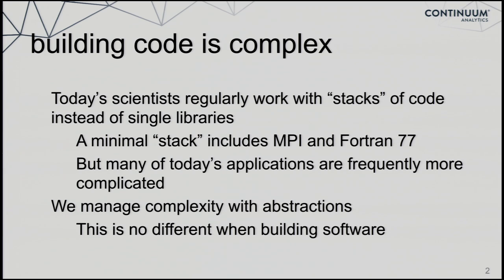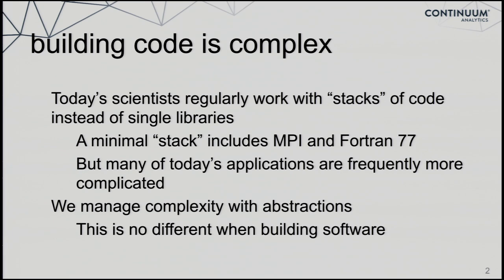People tend to work with stacks of code now instead of single libraries of code or a single executable, right? It's no longer the case that you get handed a pile of source code and it has no external dependencies. If you're using these codes, right, you're not relying just on your own code that you've written. You're relying on these other libraries that somebody else has written.